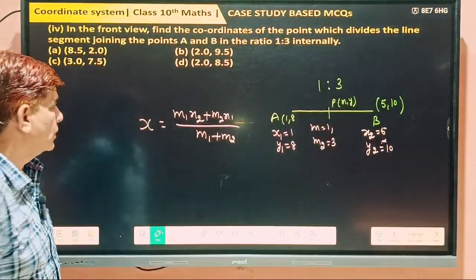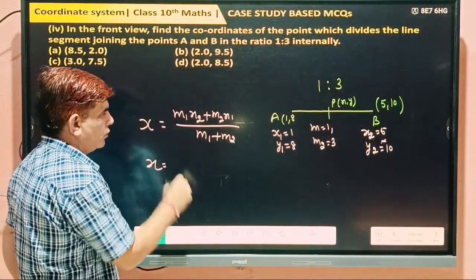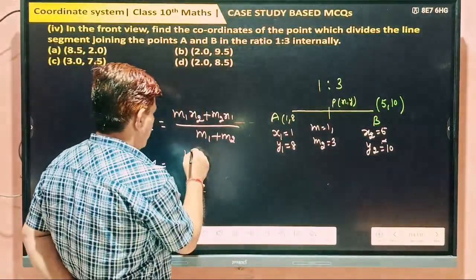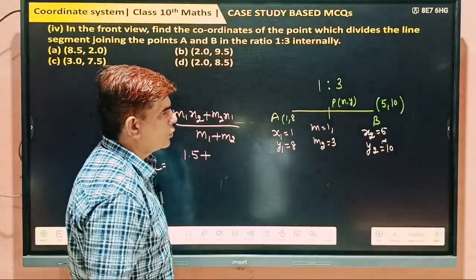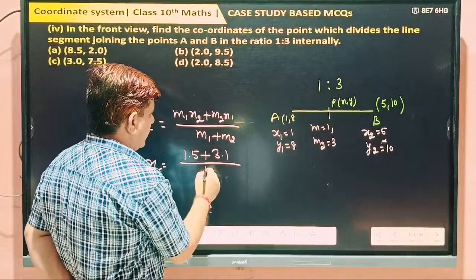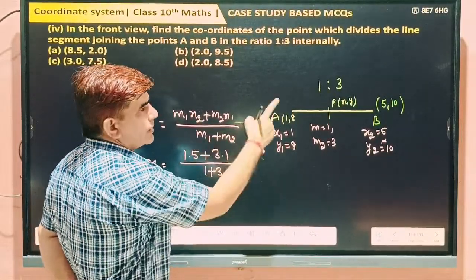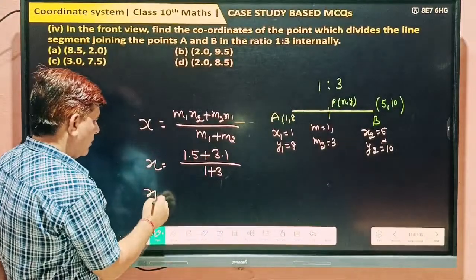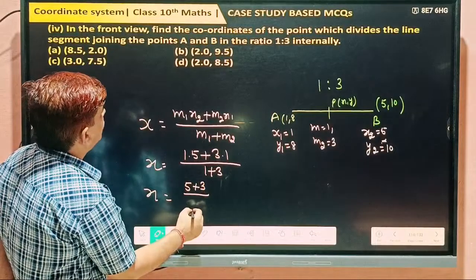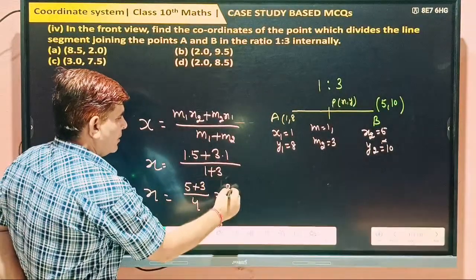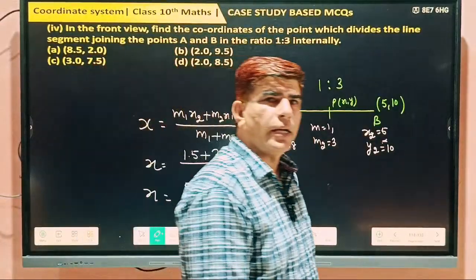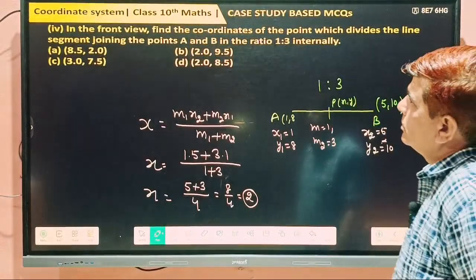So x equals (1 into 5 plus 3 into 1) divided by (1 plus 3), which is 8 by 4, that is 2. It means the x coordinate is 2.